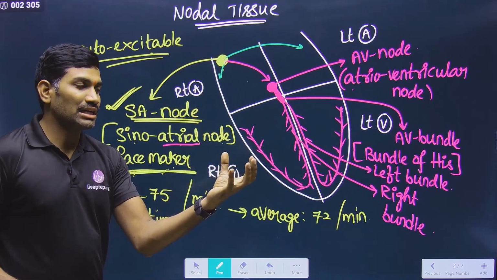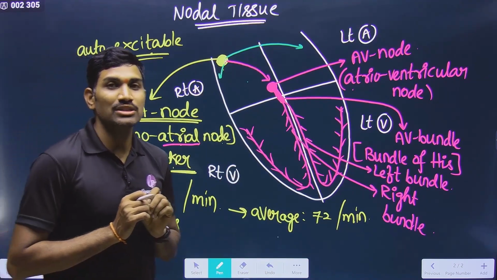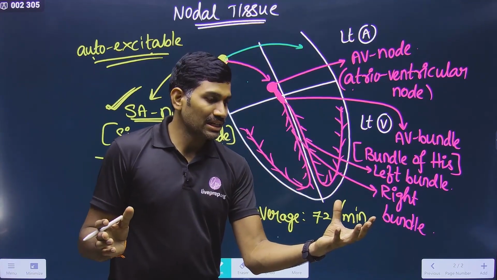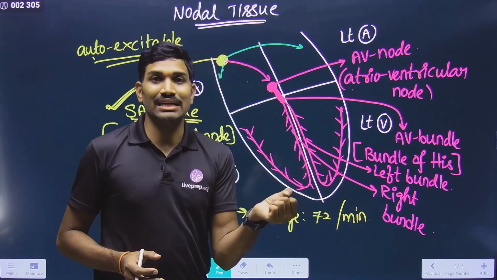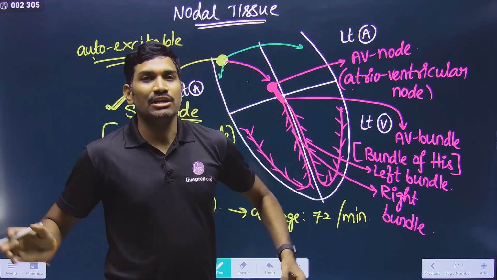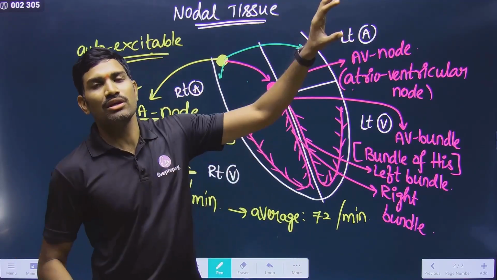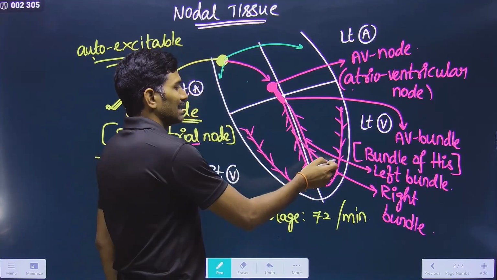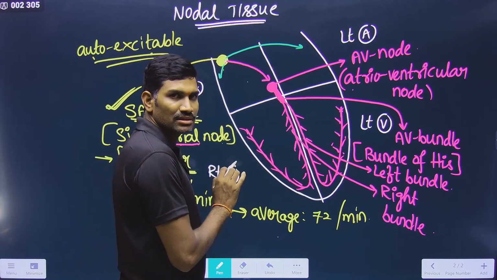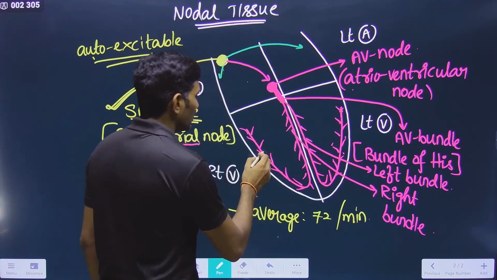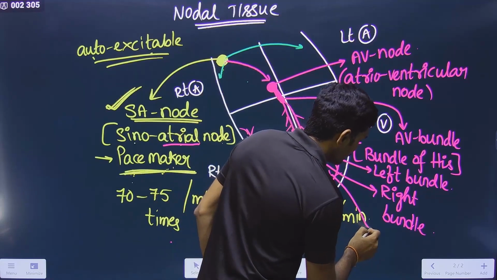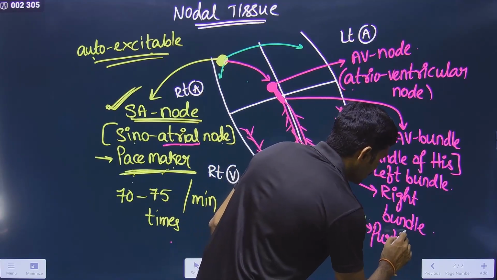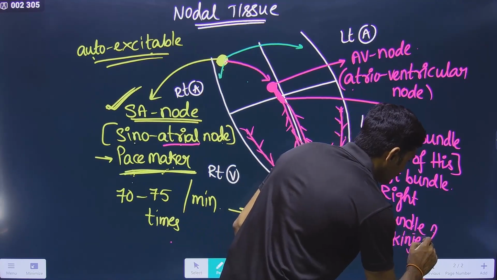If they have to contract very quickly, information should pass very quickly, so that all these cells are contracting at a time. When all the cells are contracting at a time, they will create more pressure. If they are creating more pressure, blood can go into the blood vessels with more pressure. For that reason, it has some small fine branches or fibers, and these are called Purkinje fibers. The name of the scientist is Purkinje. Purkinje fibers.